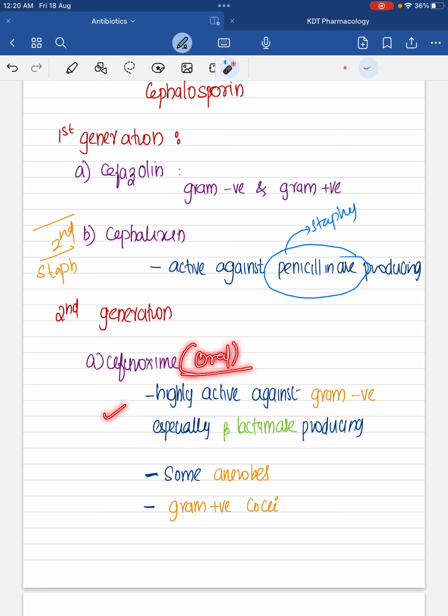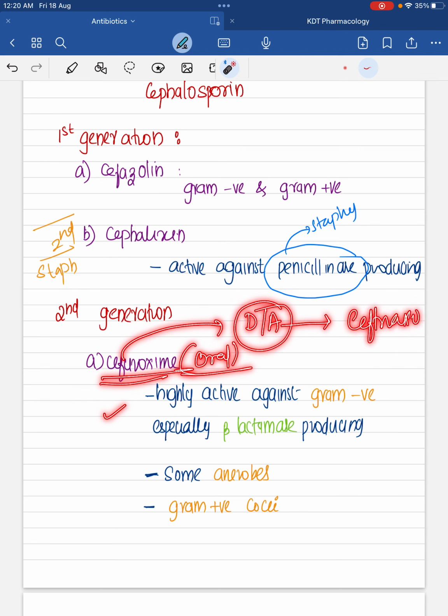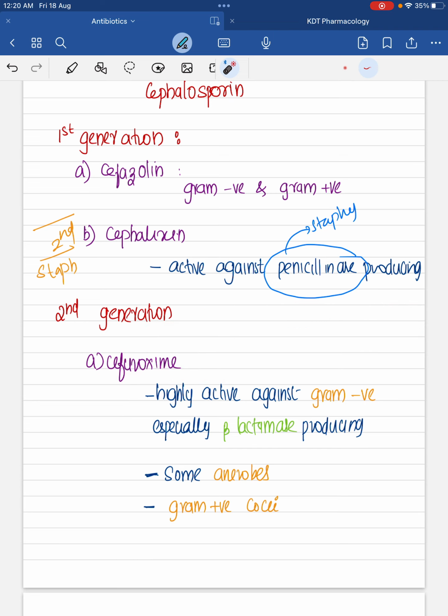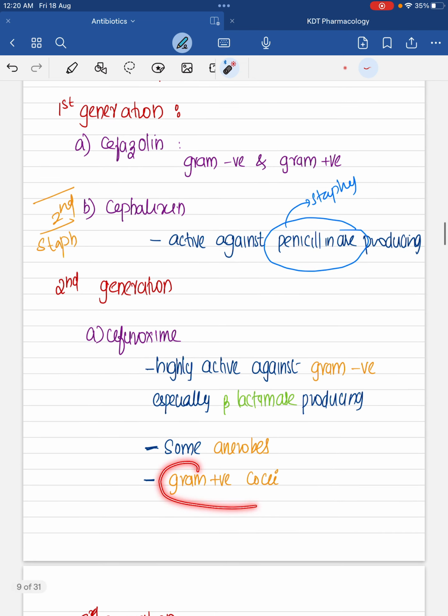We can use cefuroxime as a drug during discharge in a patient who was on ceftriaxone or any other high antibiotic which was used to cover gram positive and gram negative, and if we want to continue this gram positive and gram negative coverage even after discharge, we can select cefuroxime. This much clear, because it contains both gram positive and gram negative coverage.